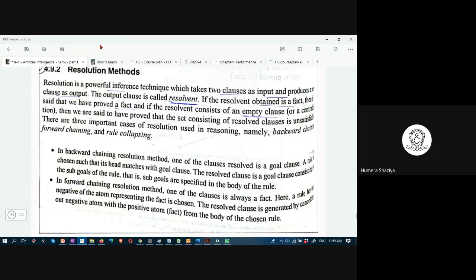There are three important cases of resolution: backward chaining, forward chaining, and rule collapsing. In backward chaining method, one of the clauses resolved is a goal clause. Backward chaining, you start with a goal clause. And in forward chaining method, one of the clauses is a fact. You start with a fact.